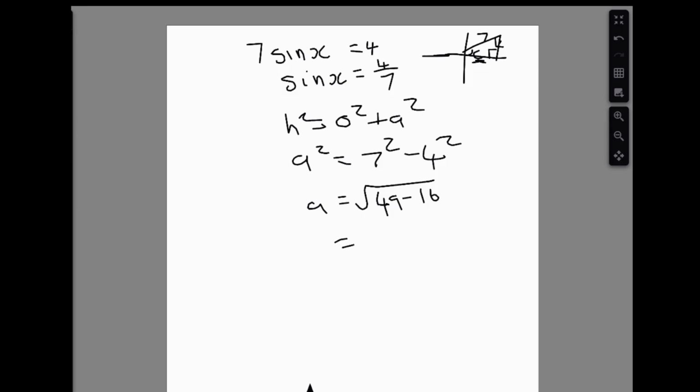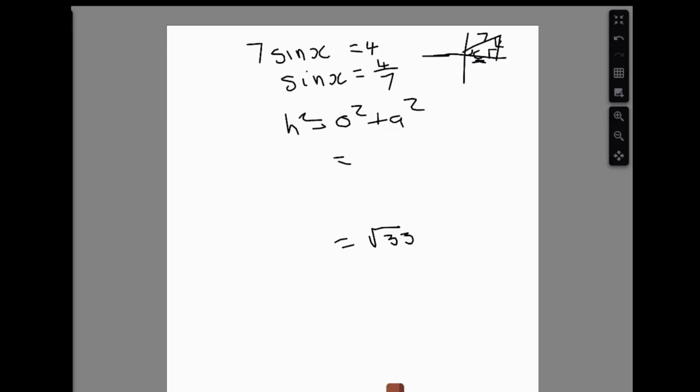Then 49 minus 16 is 33, and then the square root of 33. I think we can just leave that as the square root of 33, not to have any decimals. Now we have all the sides.